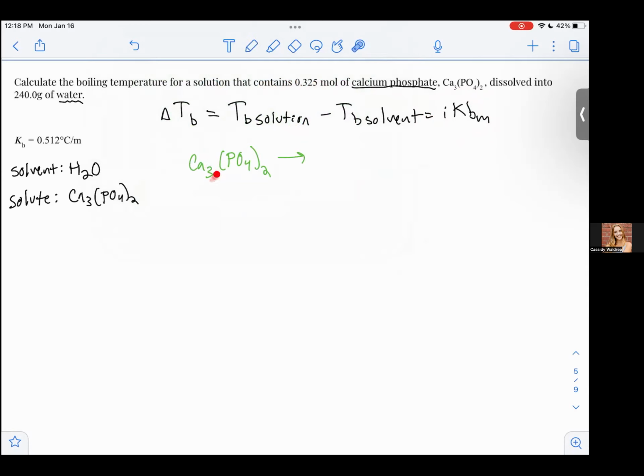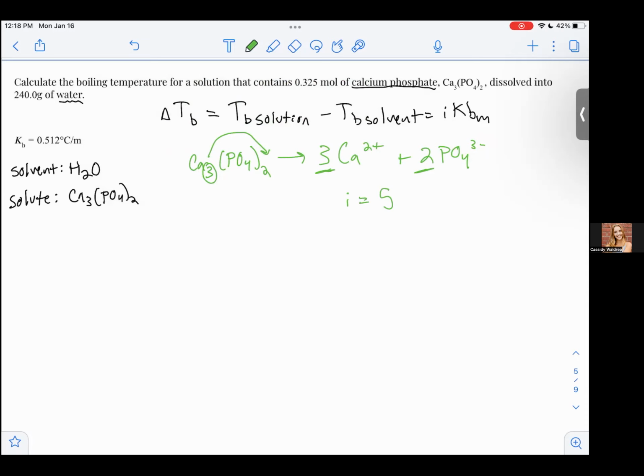We're going to take our subscripts right here, and those are going to now be our coefficients. So our subscripts become our coefficients, right? And then these numbers also become the charge, but that charge really isn't important. Let's add up our coefficients and we get I equals 5.